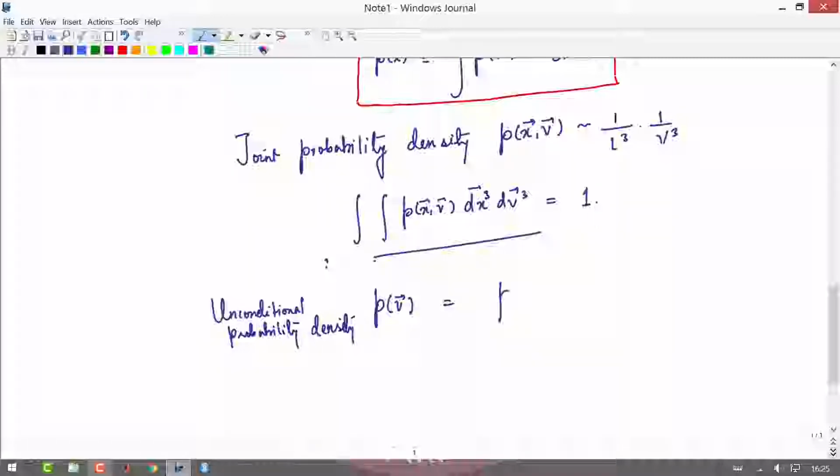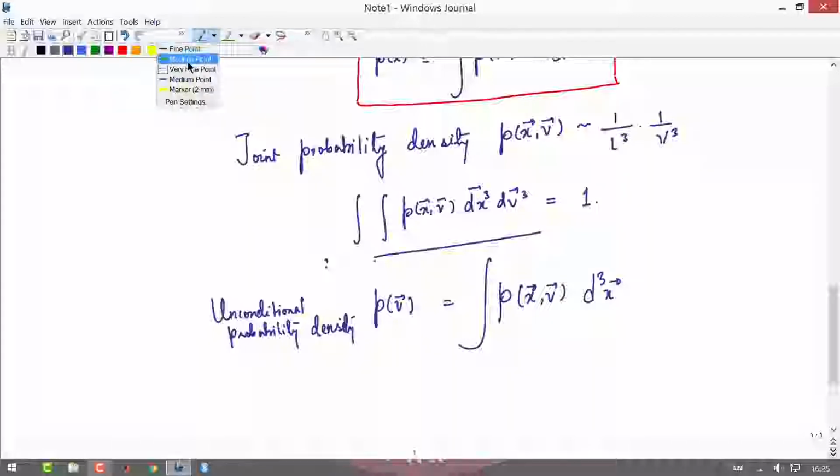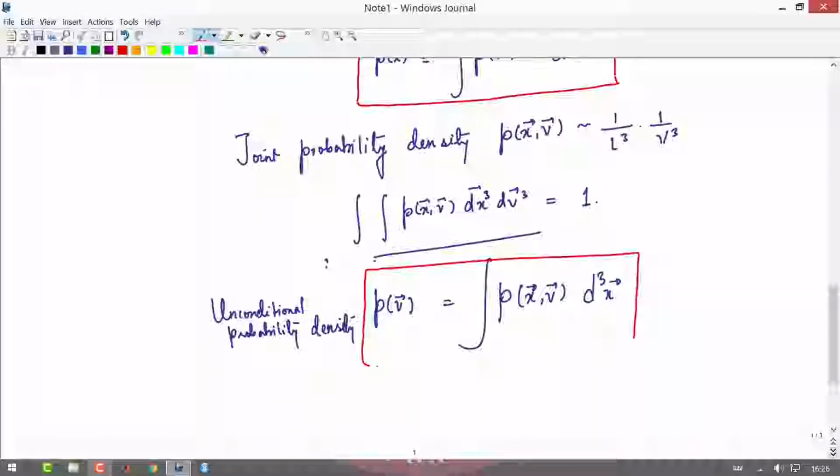You take the joint probability density, or the total probability density, which has the full information, and then you integrate out the position degrees of freedom. So you do a volume integral of this, and what you get is basically your unconditional probability of finding the velocity of a gas particle. Okay, so that's the answer to the problem.